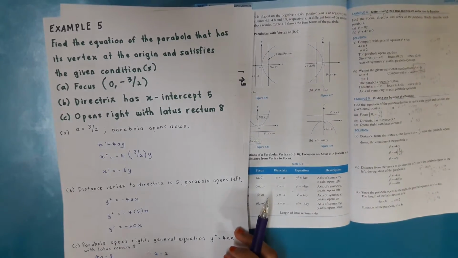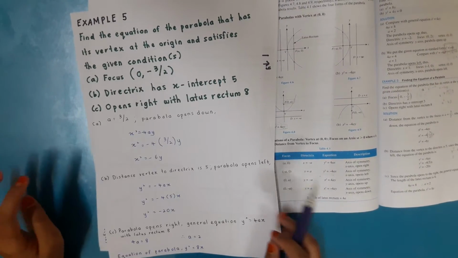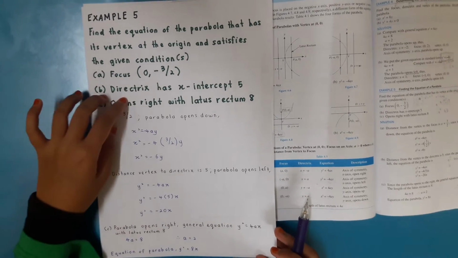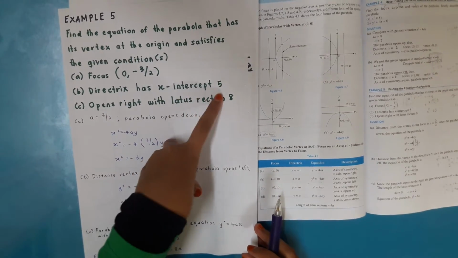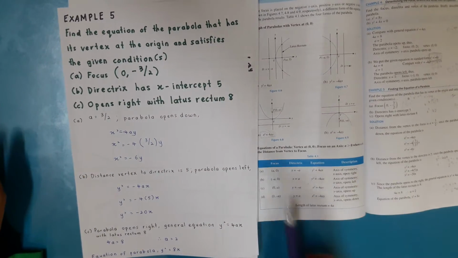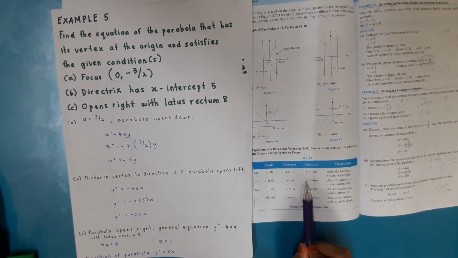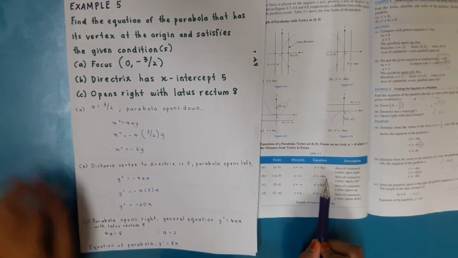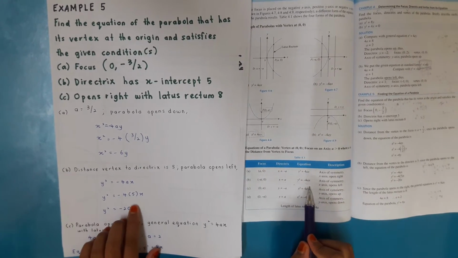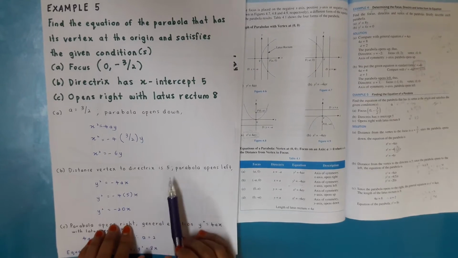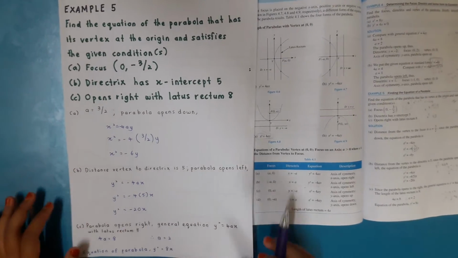Then we substitute the a in the equation, and we get the equation for the parabola. For the second question, the directrix has x-intercept 5, which means x equals positive 5. Refer to the table again, x equals a is y squared equals negative 4ax. We substitute the a in the equation, and we get the equation for the parabola.